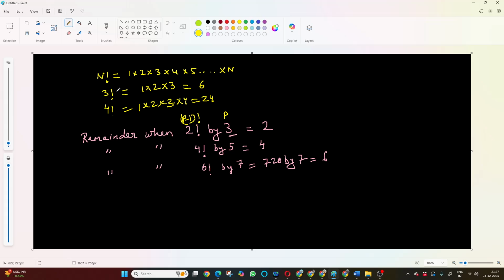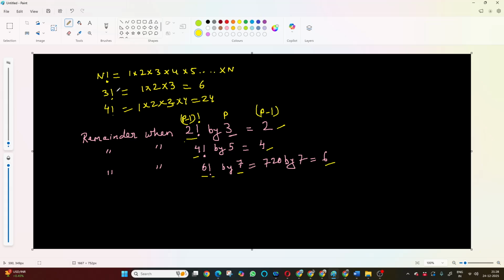So when we divide P minus 1 factorial by P, the remainder is always P minus 1. Here we got 2 when 2 factorial was divided by 3. Here we got 4 when 4 factorial was divided by 5. Here we got 6 when 6 factorial was divided by 7.